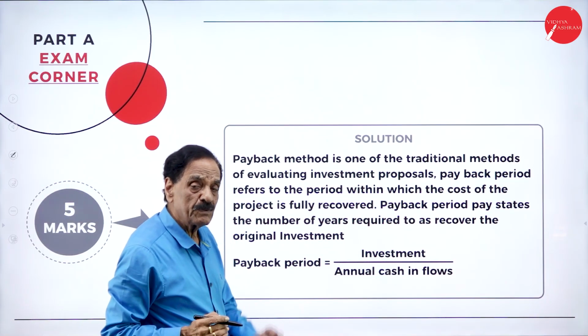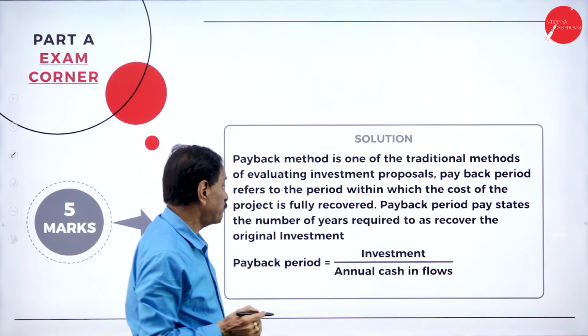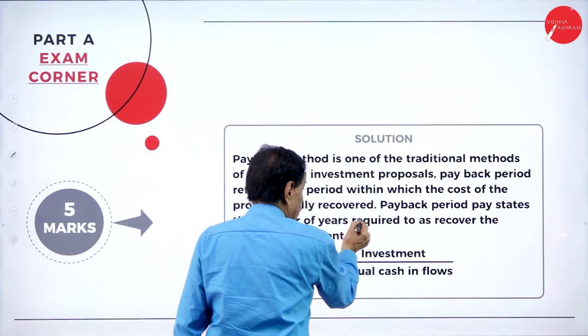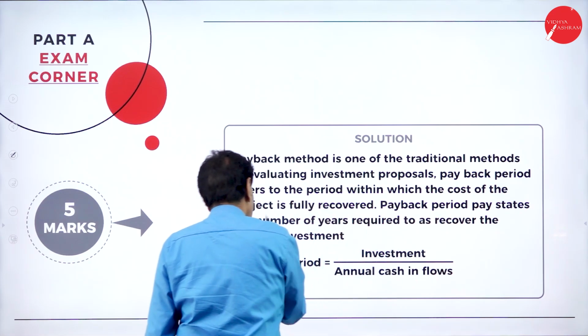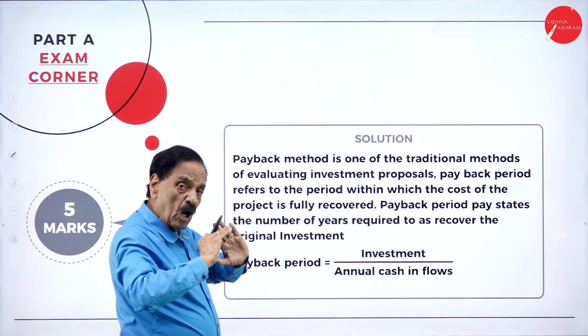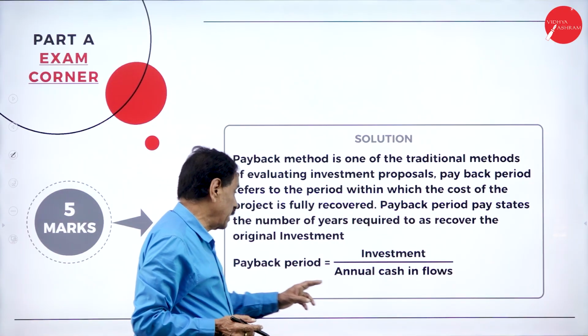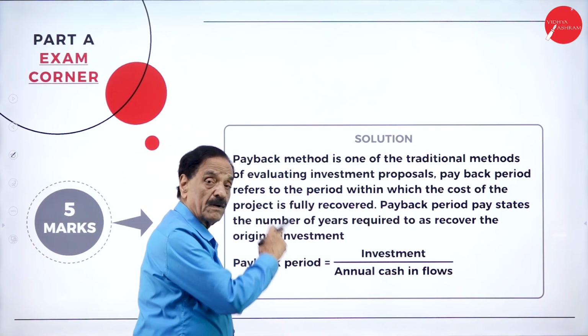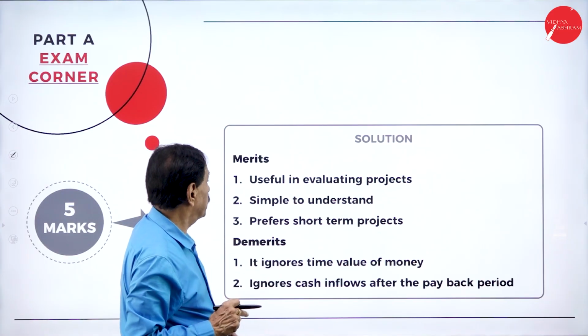In how many years can we get back our money? Payback period states the number of years required to recover the original investment. Payback period is investment divided by cash inflows. This is the formula. We already solved one problem on this.